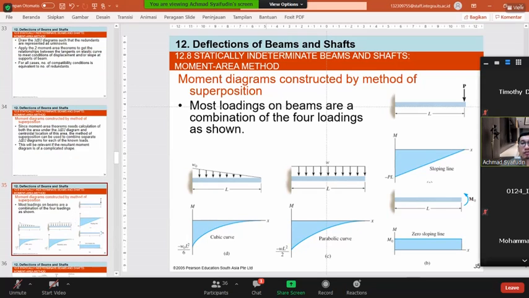Most loadings on beams are a combination of different loadings: a combination of concentrated moment, bending, distributed load, and inclined distributed load. So the typical moment diagrams, see below, are triangle, rectangular, parabolic, and cubic curve.